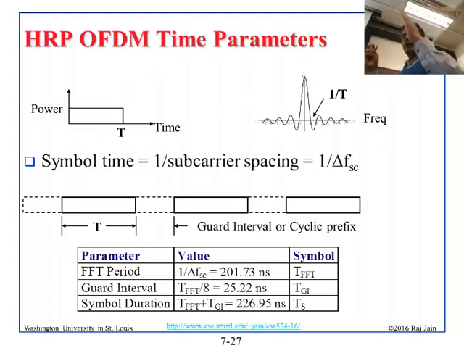So when we do OFDM, what we are doing is we are putting shapes like this. You put many shapes like this such that the next one will have the peak at this point where this is 0. And similarly, the next one will have peak here, peak here, peak here. So wherever a carrier has a peak, every other carrier has a null.